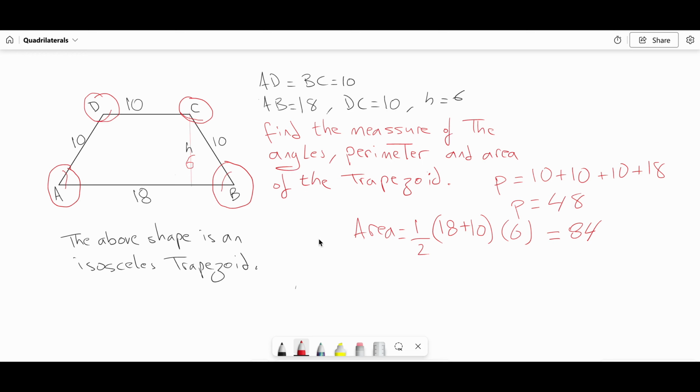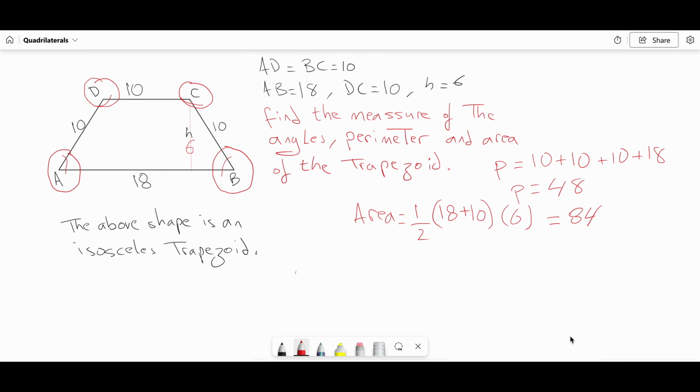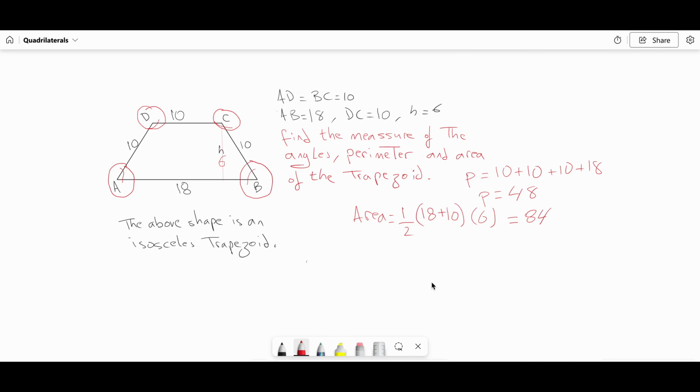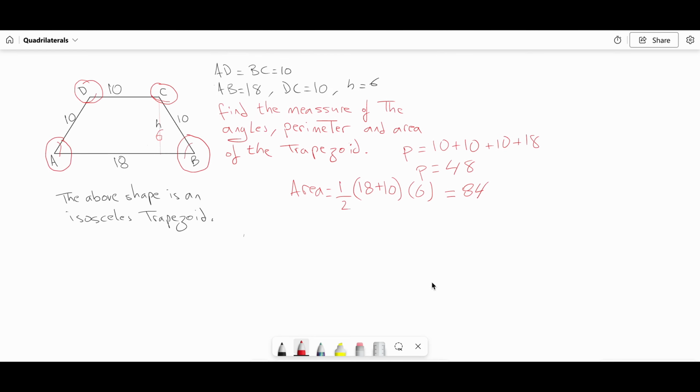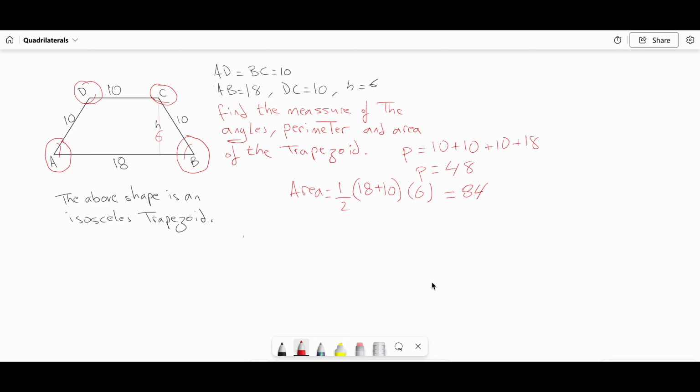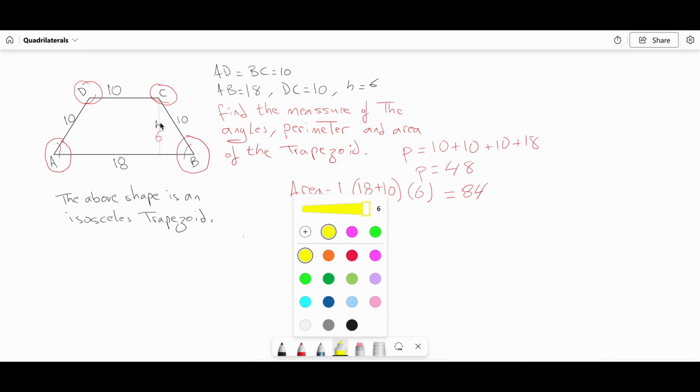And we have some very valuable information that we can use in order to start finding the angles. Let's see, for example, and I'm going to use the highlight in order to help.